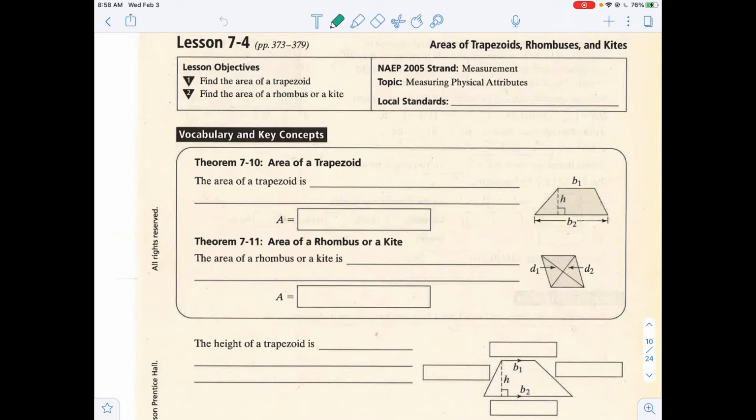Theorem 7.10 is about the area of a trapezoid. And it says that the area of a trapezoid is half the product of the sum of the bases times height.